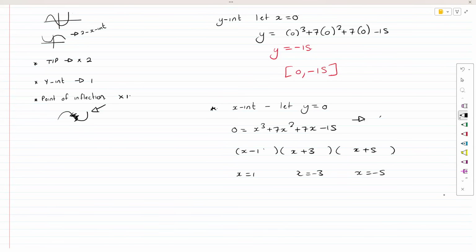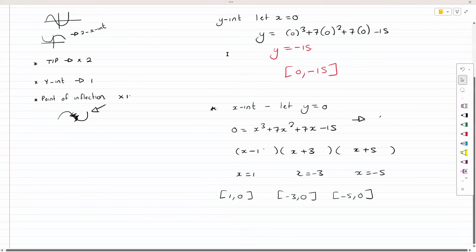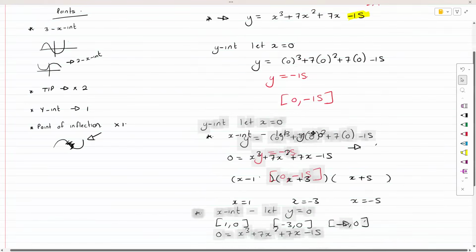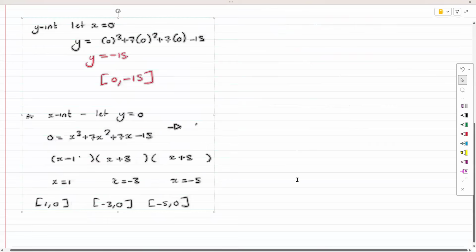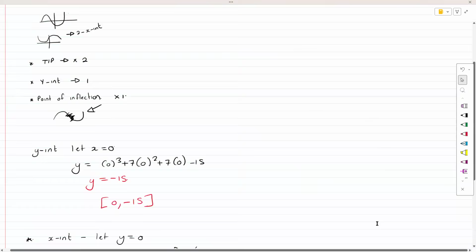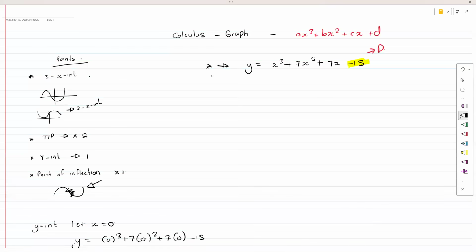Remember again, these are not the x-intercepts yet. The intercepts are 1 and 0, minus 3 and 0, and minus 5 and 0. And that's all there is to this part, right? If you don't have the calculator that can factorize, it does become a bit difficult, but it's like 5 minutes extra. So we got our 3 x-intercepts and our 1 y-intercept.